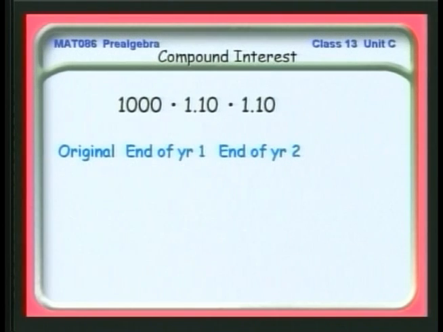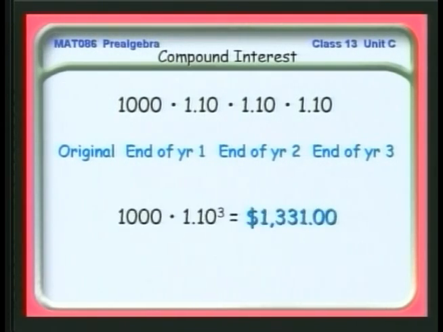Then those three factors are multiplied by another 1.1 for the end of year 3. Now we can do the calculation. I have 1,000 times 1.10 cubed. When I work that out, that turns out to be $1,331, the $331 being the total accumulated interest.